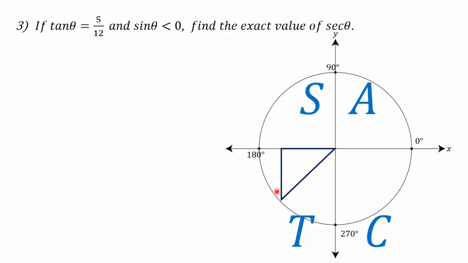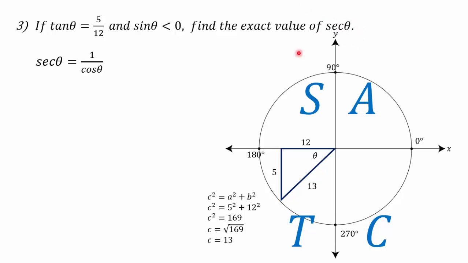So I draw my triangle, put in my theta, opposite is 5, adjacent is 12. I use Pythagoras' theorem to figure out my hypotenuse, which is 13, and then I can go about finding sec theta.